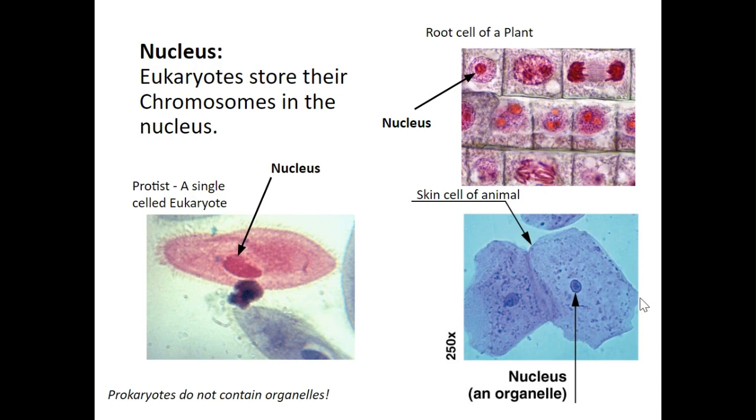Okay, so that's the regular plant cells. And then we have skin cell of animal. I believe this is a picture of my inner cheek cell, from the inside of my mouth. And so this is our plasma membrane around this whole thing. And then right here in the middle, the darker purple section, this is the nucleus. So nuclei are larger organelles that we can see really clearly.